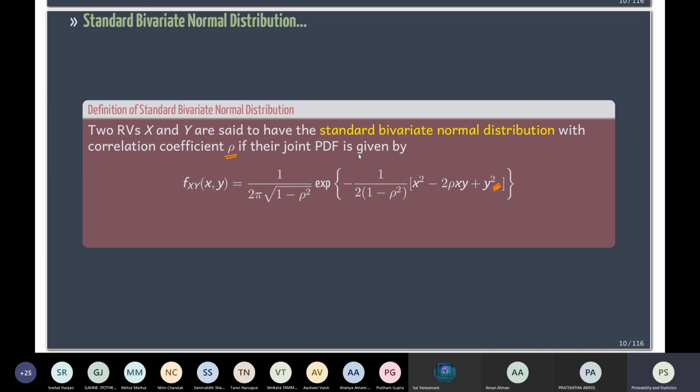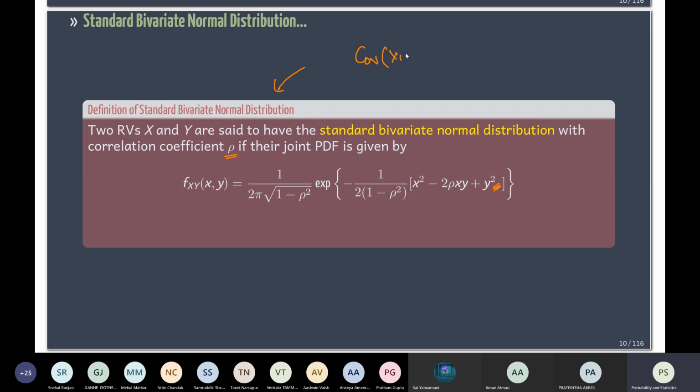So what was the other case, right? The other case was when they were independent. If X and Y were independent, what was the covariance?